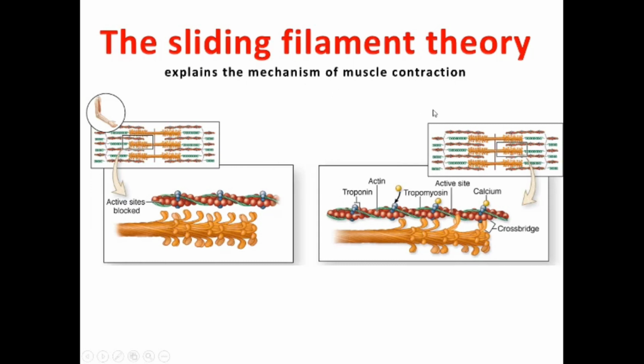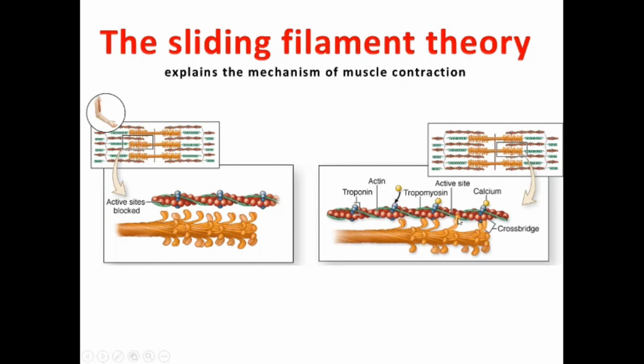About muscle contraction and the mechanism of this contraction: in muscle contraction, neither the thick filament nor the thin filament changes its length. We don't have shortening of these filaments during muscle contraction, but we have a sliding of these filaments over each other, the so-called sliding filament theory.